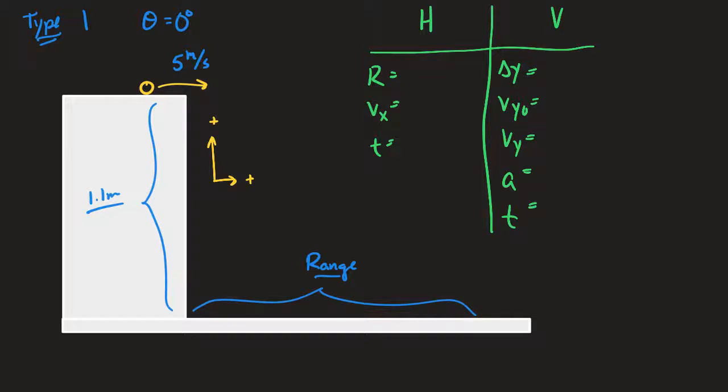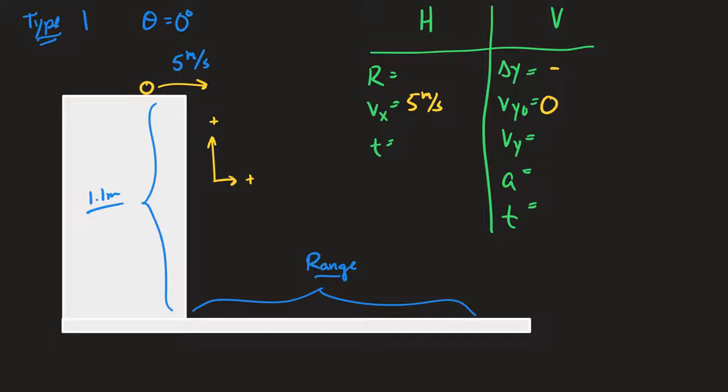First, the marble has a horizontal only velocity, which means its initial y velocity will be 0 when it leaves the table, and its horizontal velocity is going to be the 5 meters per second. The marble is going to fall downwards 1.1 meters.